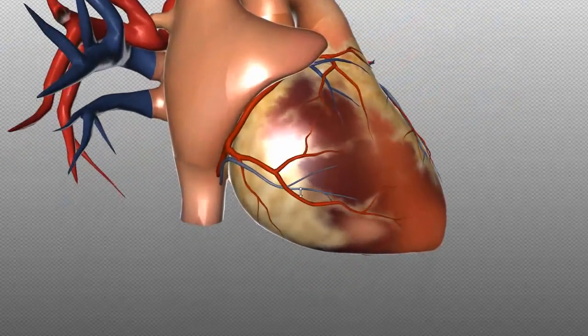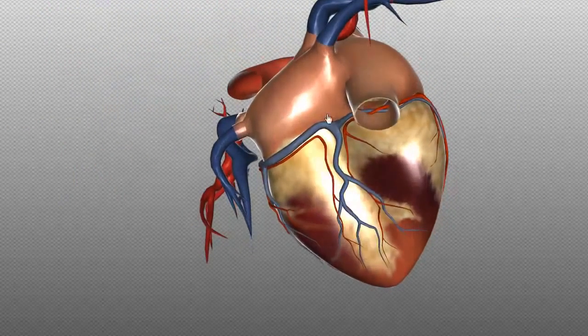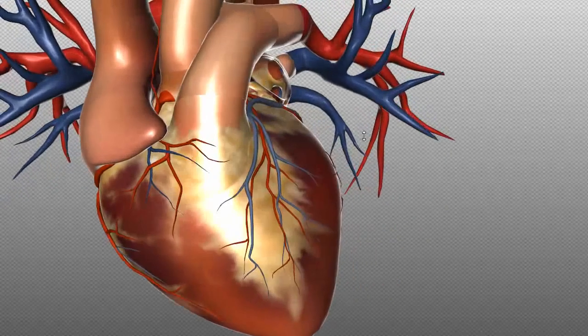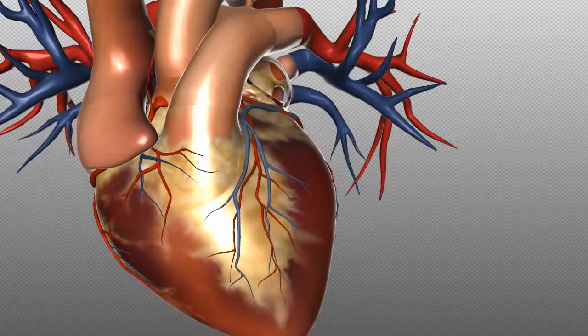So the right marginal vein, which drains into the small cardiac vein. And you've got these veins here, which are anterior veins, and these drain the anterior portion of the right ventricle. So that's the venous drainage of the heart.